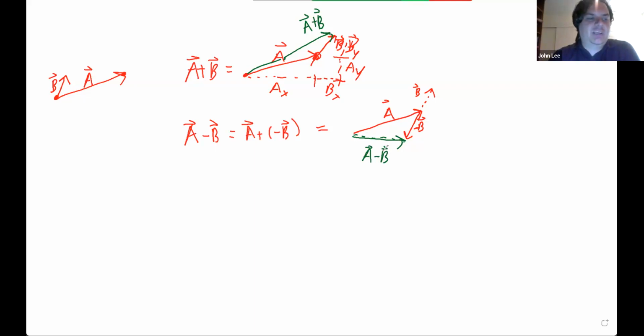I think there's a problem in your homework that goes over this graphically, but you can have A plus B, you can have A minus B, you can have A plus 2C, plus 3B minus 4D, and all of these different things that you can do just by using this tip to tail or tail to tip method, and keeping your variables the same.